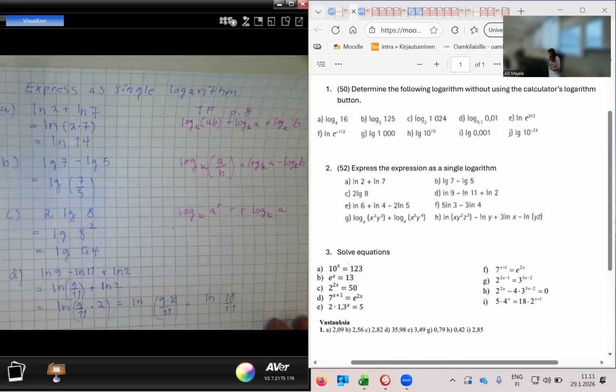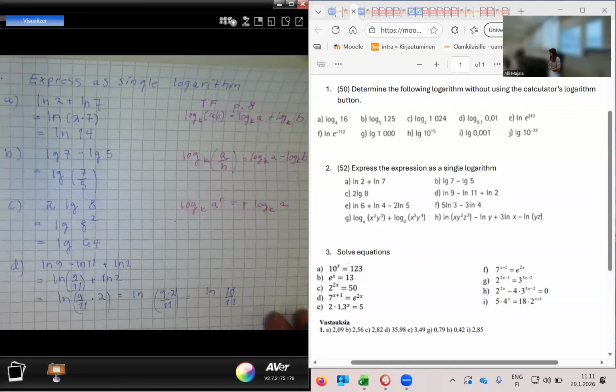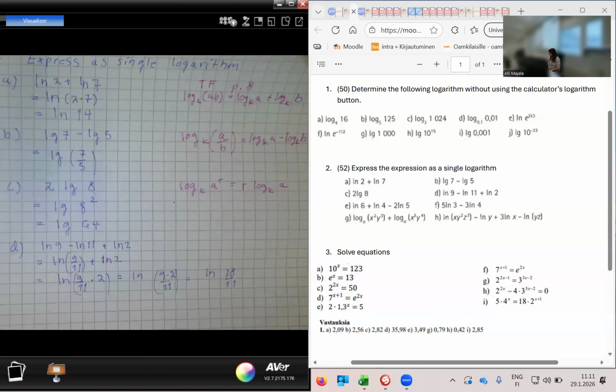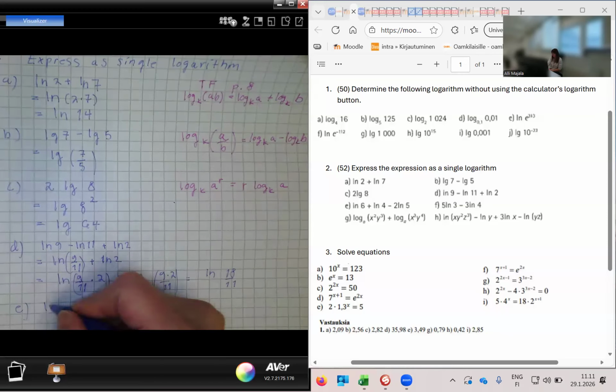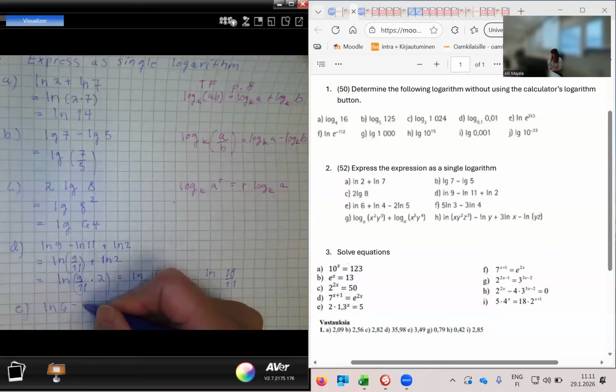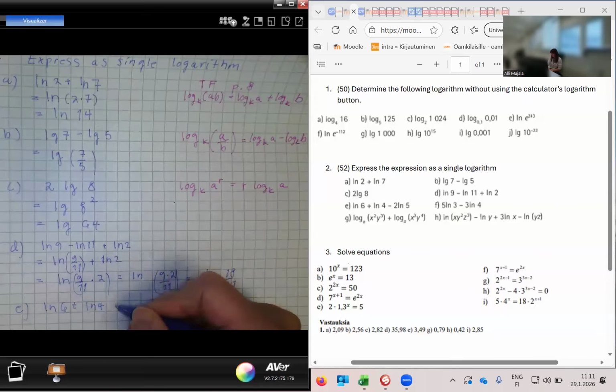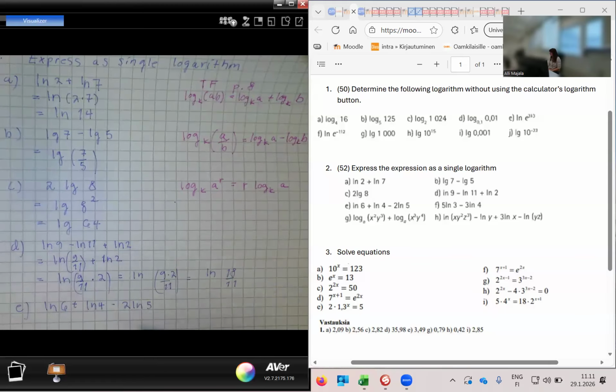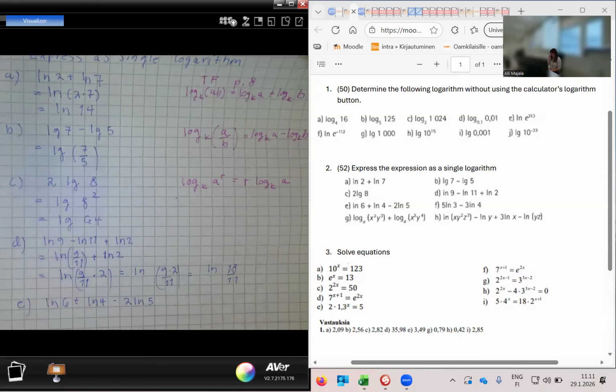Let's put the brackets. Use again many, what do you call them? Formulas.